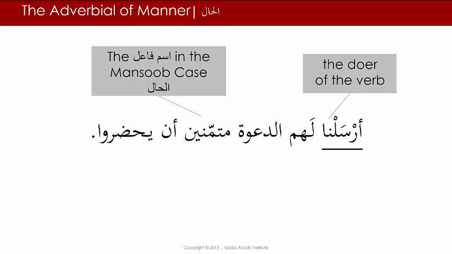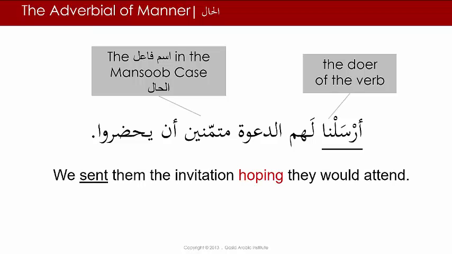Notice here also that instead of having the fatha tanween, we have a ya as the sign of the mansub case, because the ya in the masculine plural, or the sound masculine plural, is going to indicate a minor sign of the mansub case. And so we still have the same pattern occurring.